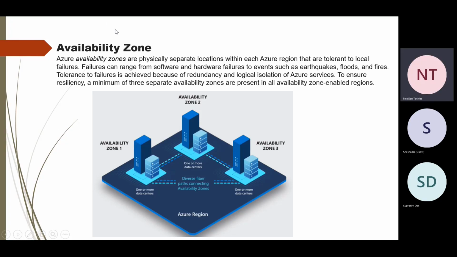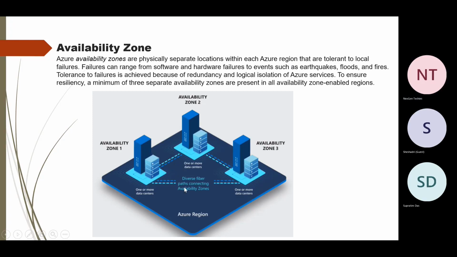If you see here the availability zone, here you have the Azure region. Within the Azure region, we can have at least 3 availability zones: 1, 2, 3. Each availability zone represents physical data centers, and it contains one or more data centers.